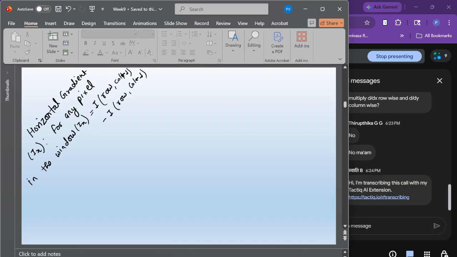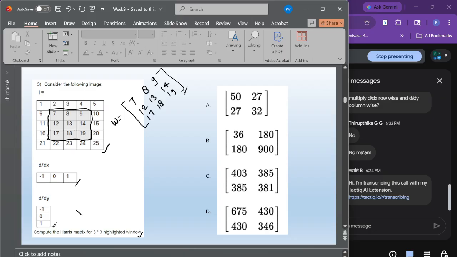In the given image, every horizontal neighbor differs by 1. If you move horizontally, every pixel differs by 1: 7, 8, 9, then 12, 13, 14, and 17, 18, 19.